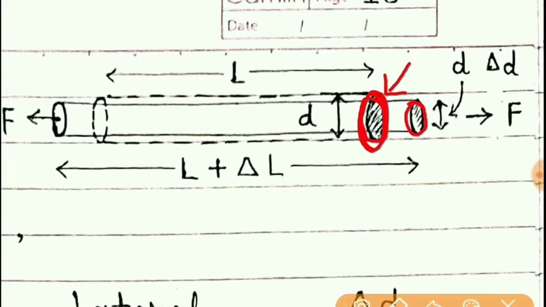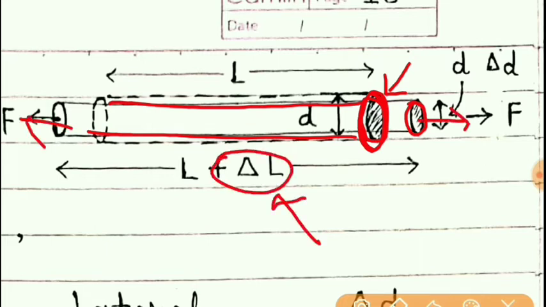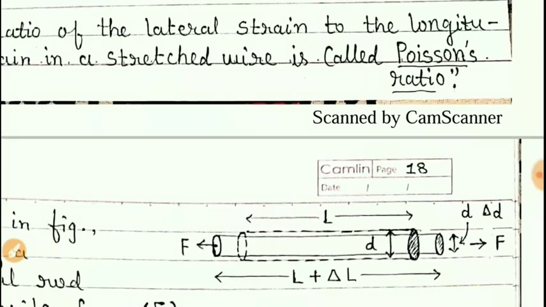This wire or cylindrical object will become thin, so the lateral surface will be reduced, and due to that a lateral strain is produced. Here, due to change in the length, there will be a tensile strain, but due to reduction in the cross sectional area, there will be a lateral strain.